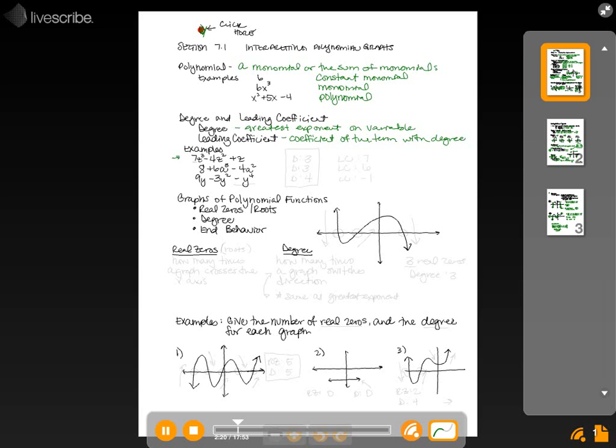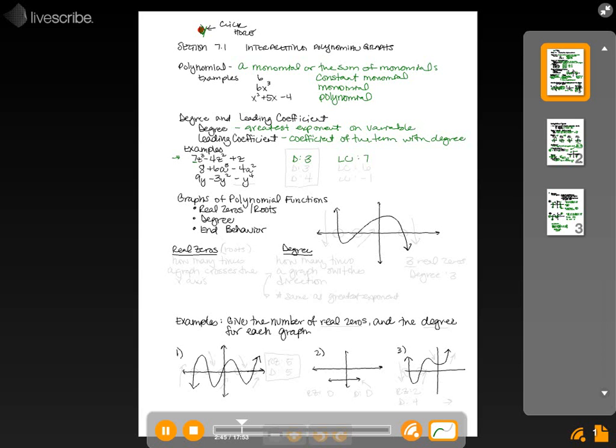First one, 7z cubed minus 4z squared plus z. Each one of them has a z. There's 3 terms there. The biggest exponent is a 3, so our degree is 3. And then the leading coefficient is the coefficient on the one where we get the 3 from, so it is 7. And that's all we need to do.